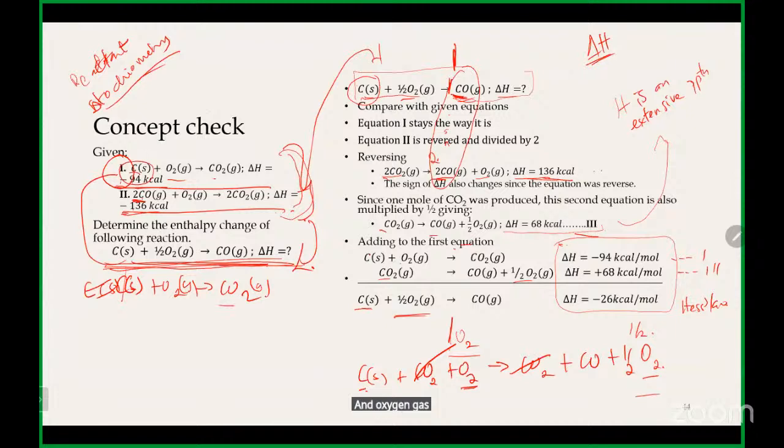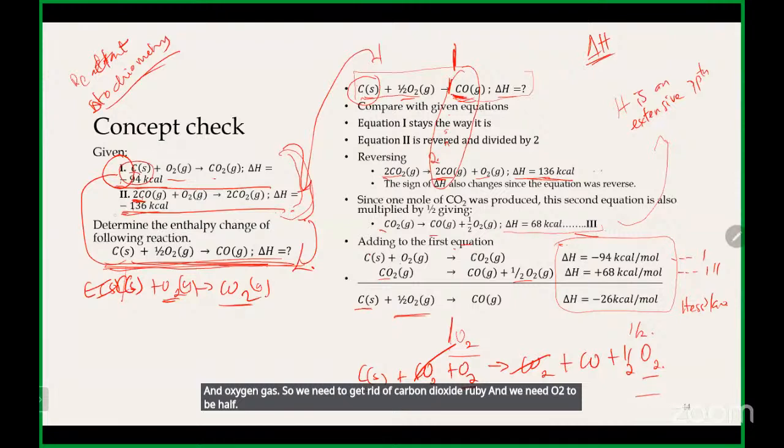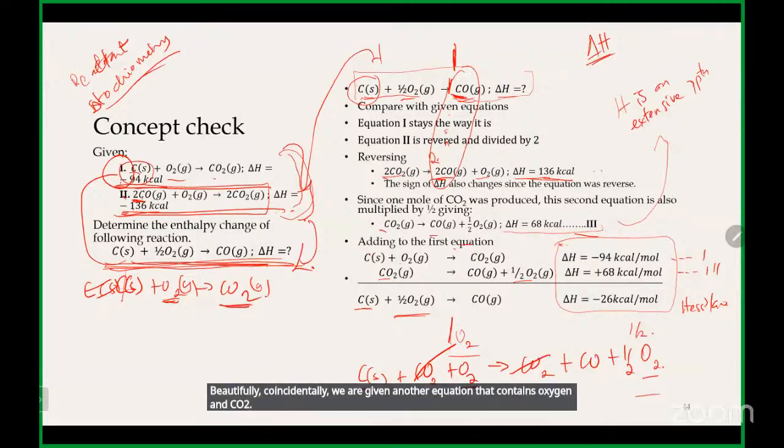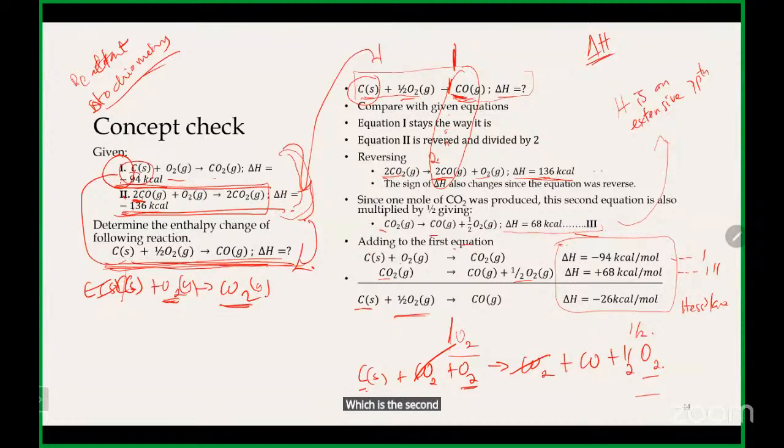So we need to get rid of carbon dioxide, and we need O2 to be half. Beautifully, coincidentally, we are given another equation that contains oxygen and CO2, which is the second equation. The second equation is 2CO plus O2 to give 2CO2.